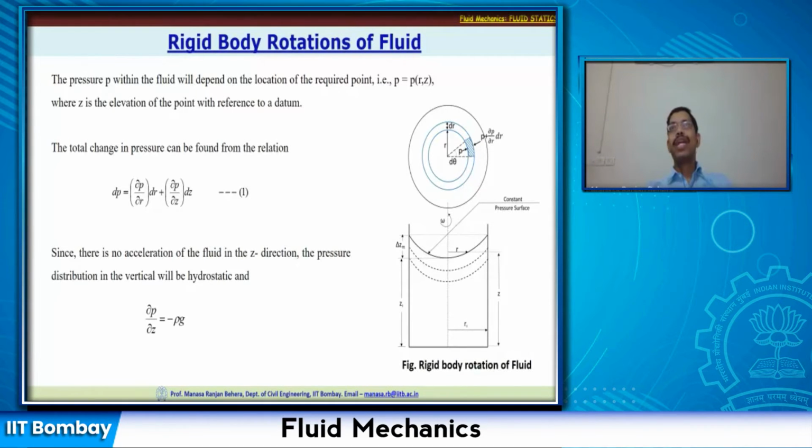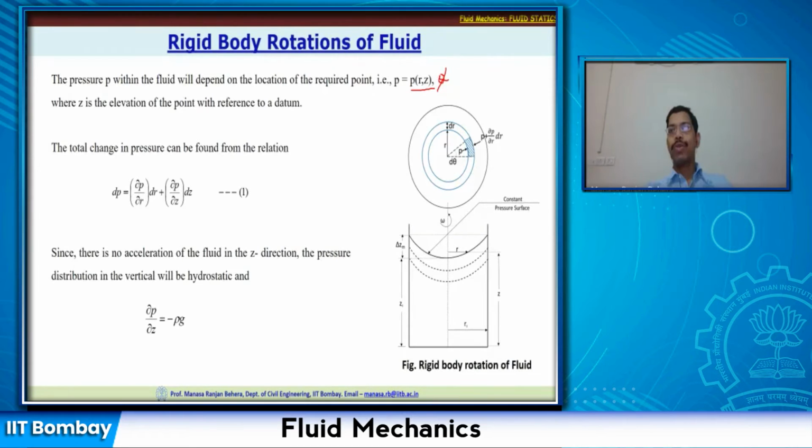In this we had three dimensions. We had theta here, but now we have seen that due to symmetry, theta is not playing any role. So pressure is a function of r and z. r is the radial distance from the axis of this tank, and z is the vertical distance. Either you measure from the free surface or the bottom, but here it is easier to measure from the bottom.